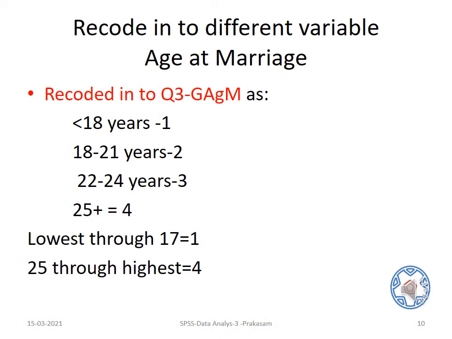For the upper limit, that is 25, we do not know what the highest is. Therefore, we will consider all the observations and give 25 through highest value equals 4. In the next video you can see how to recode the age at marriage, but that video does not have audio.